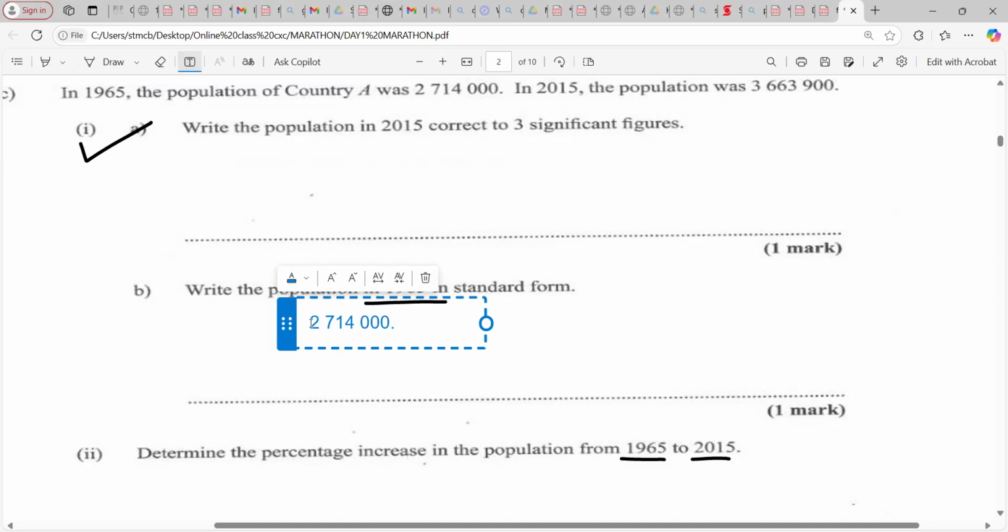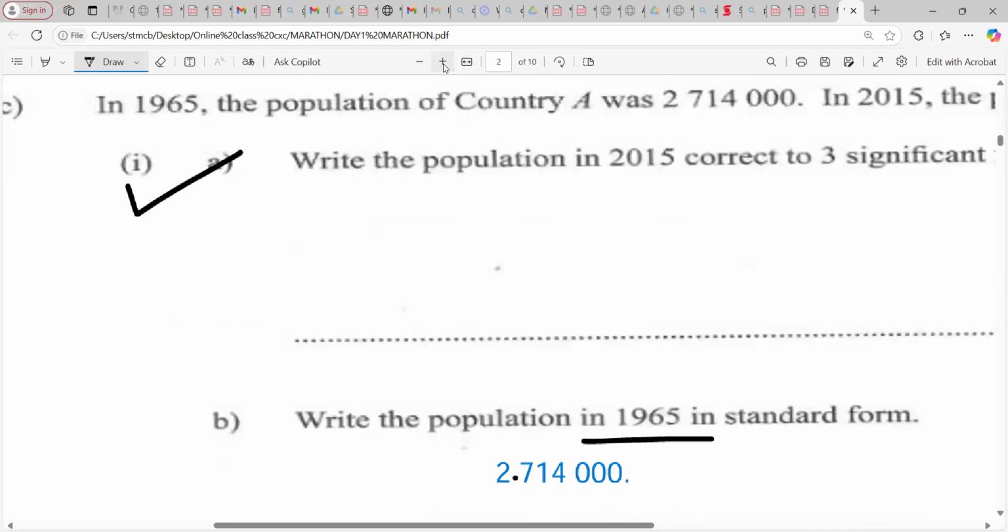The decimal point is located right here. For all whole numbers, the decimal point is located to the right. However, with standard form, it's supposed to be here. So you're going to carry it to here, but you're going to count the number of places where you move.